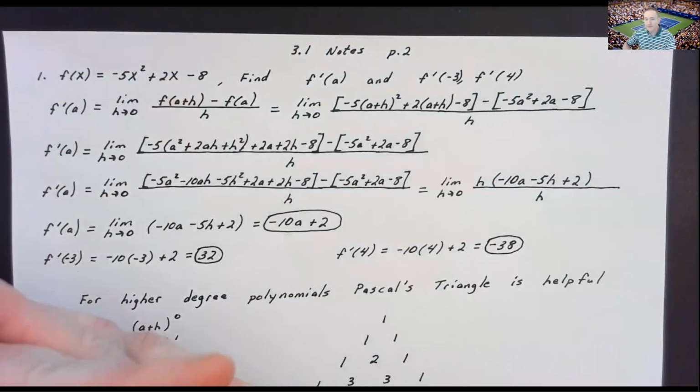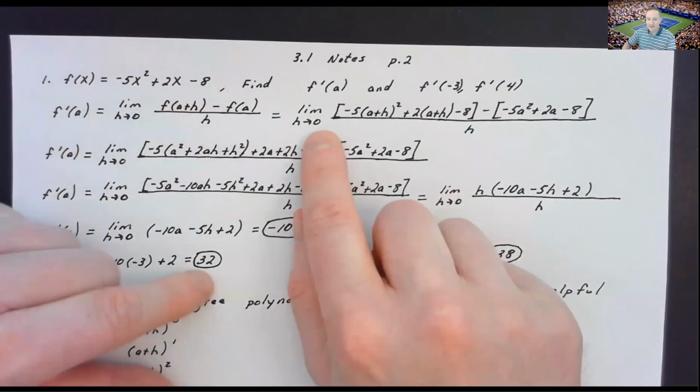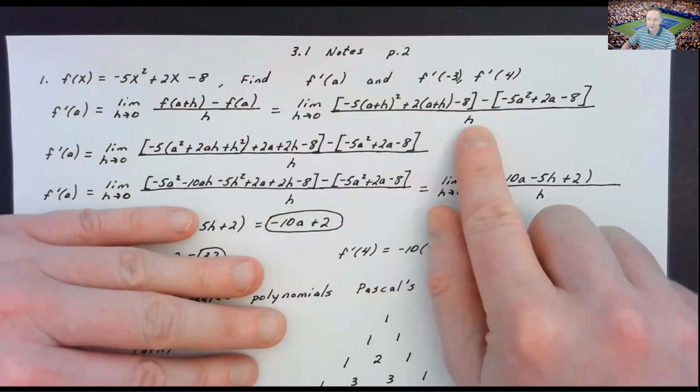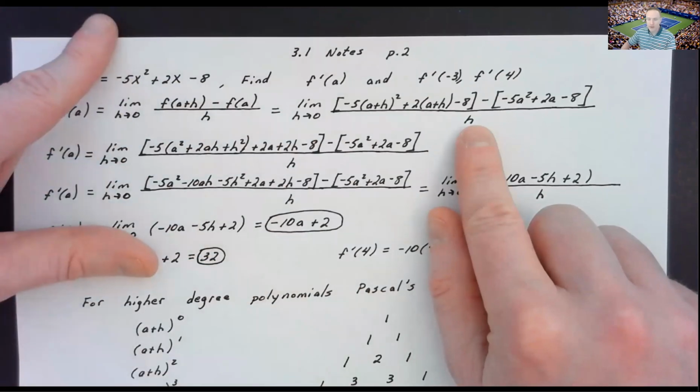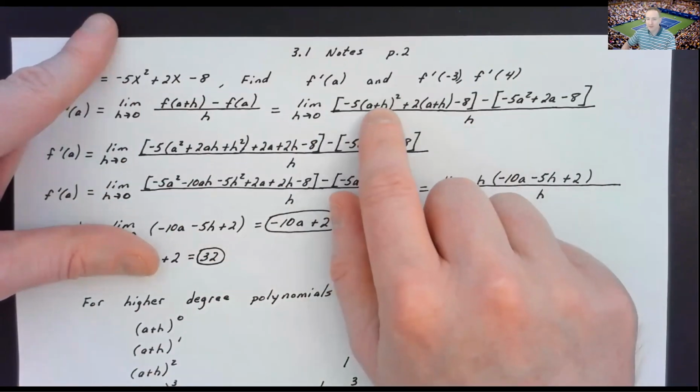Now, the goal in all of these problems is to get rid of that h in the denominator. You cannot take the limit as h approaches 0 as long as you have a denominator of h. So I'll say, well, okay, I need to algebraically simplify my numerator. The group a plus h squared is going to be a squared plus 2ah plus h squared.